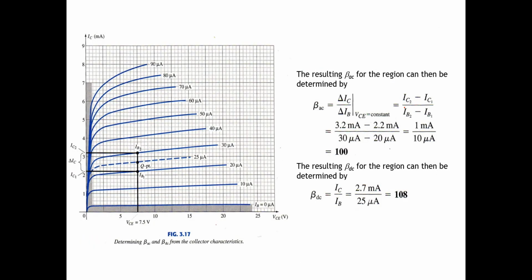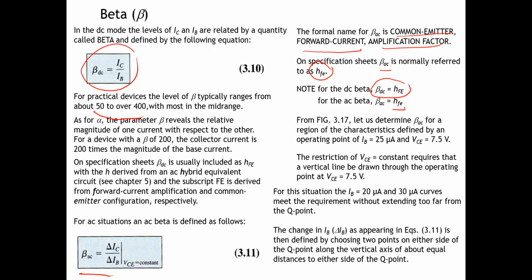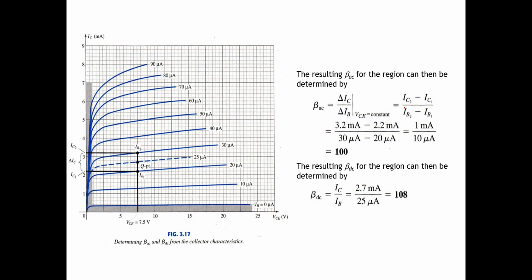So how do we determine the beta AC? Beta AC is delta IC per delta IB. If we have the datasheet like this one, VCE versus IC, we mark 2 points here. The first one is IB1 and the second is IB2. From IB1 we get IC1, and from IB2 we get IC2.